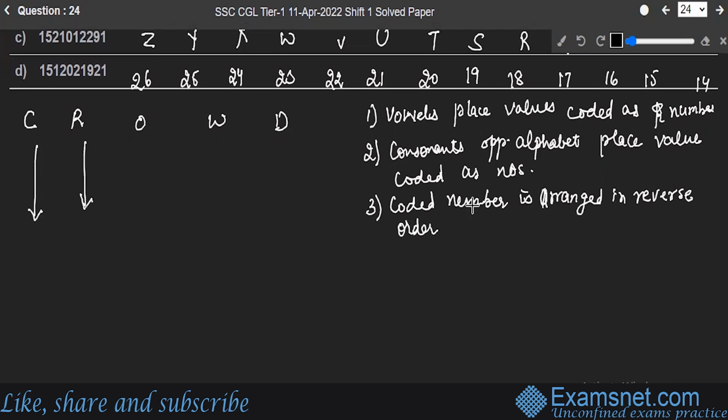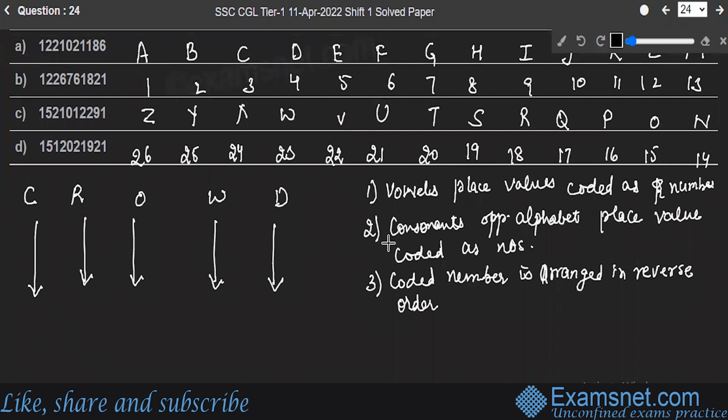For C, R, O, W, and D, let's first write down the place values of these alphabets. C is at place value 3, R is at 18, O is at 15, W is at 23, and D at 4. So what is the opposite of 3? C has X as the opposite, which is at 24. R has I as the opposite, which is at place value 9.